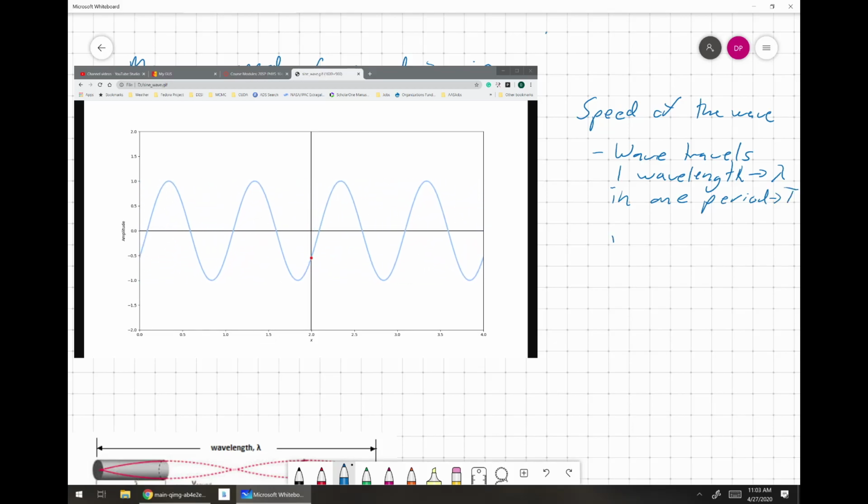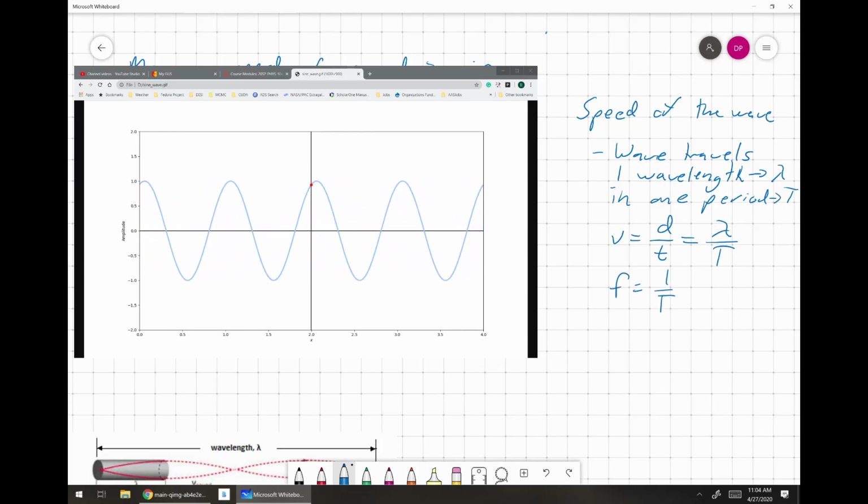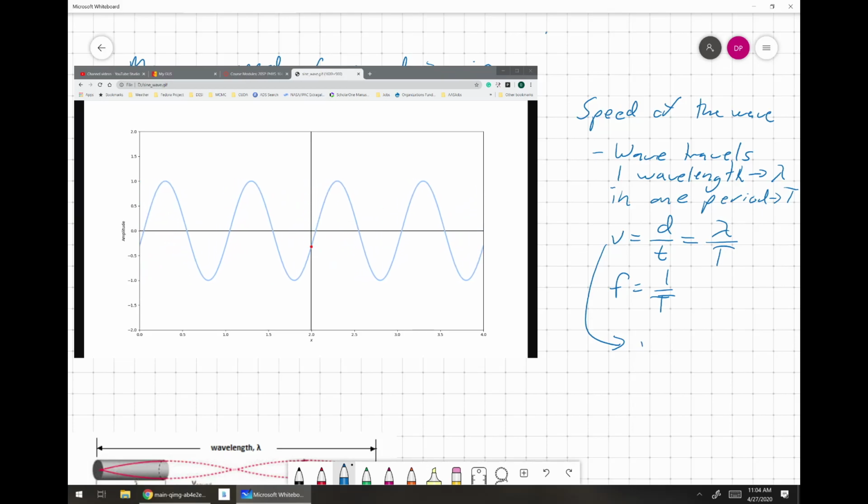So if you just recall that the speed of something is a distance traveled over the time, the distance traveled here is our wavelength, and the time is the period. And we also have this relationship between our frequency and period, and that's just that they are the inverse of each other. So then we get that our speed is the wavelength times the frequency.